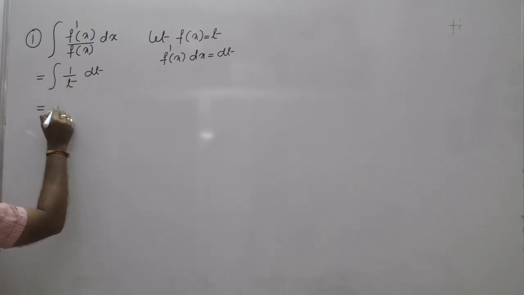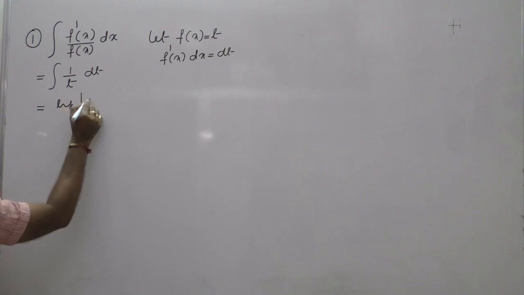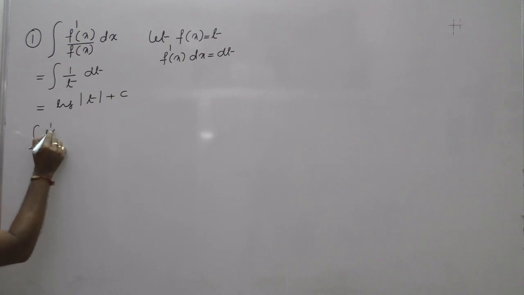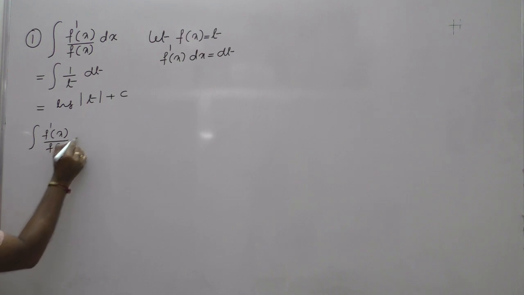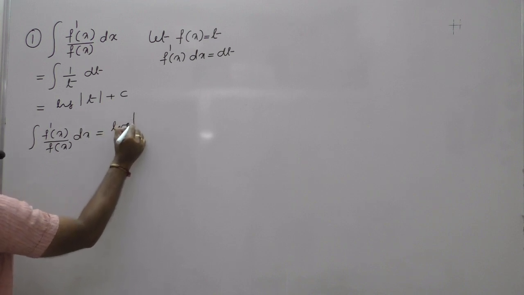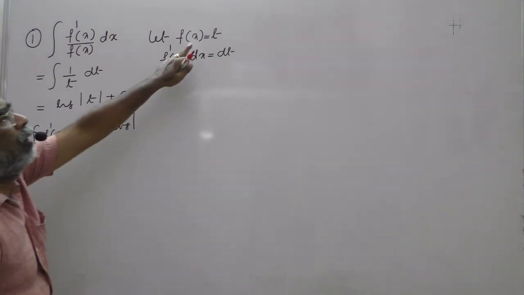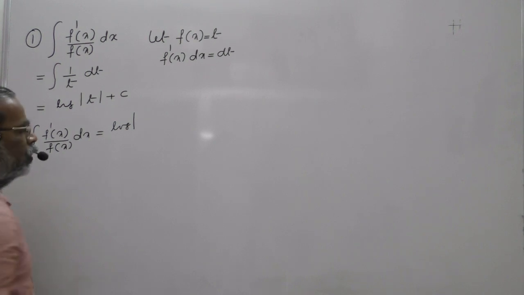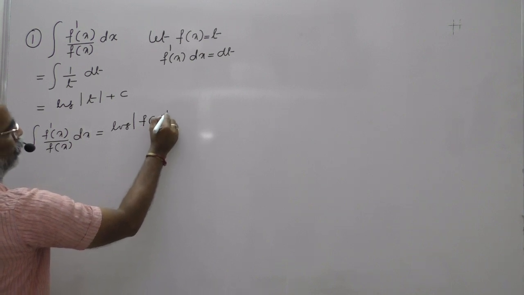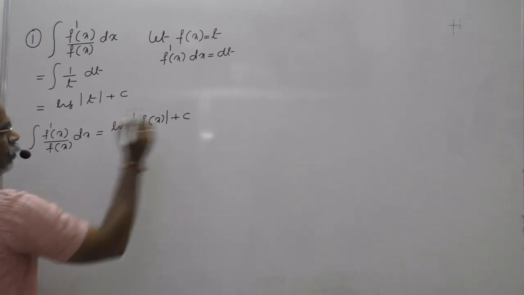Therefore its integral, which is log of mod x plus c, applies. So what is integral f dash x divided by f of x into dx? This is equal to log of mod t. T is not given in the question, we have taken it in our substitution. Therefore, the original has to be replaced, plus C.